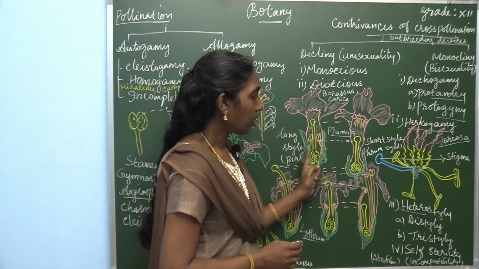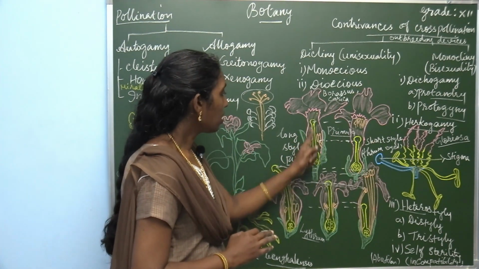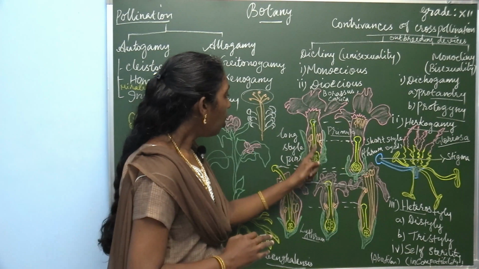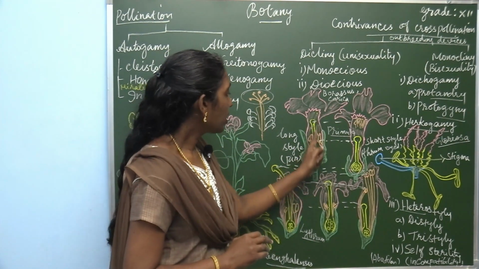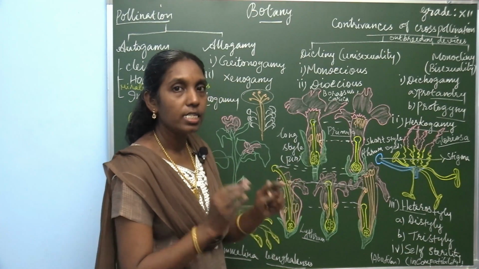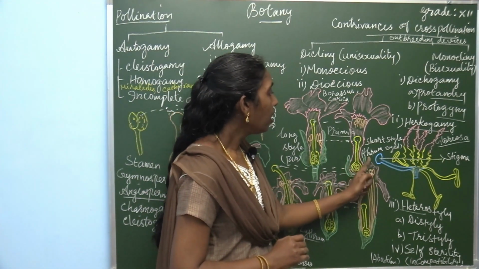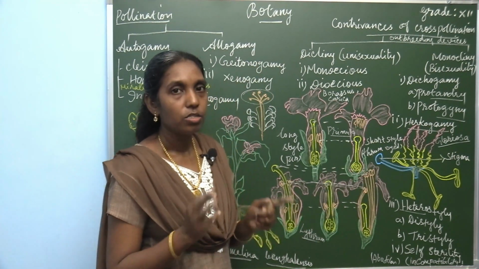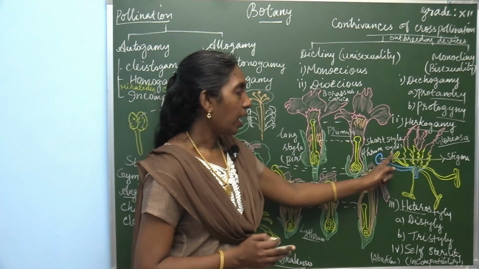Here two diagrams are there, two flowers. This is the pistil with a long style, which is known as pin, and here the style is short, that is thrum-eyed. So two different types of flower, pin and thrum-eyed.